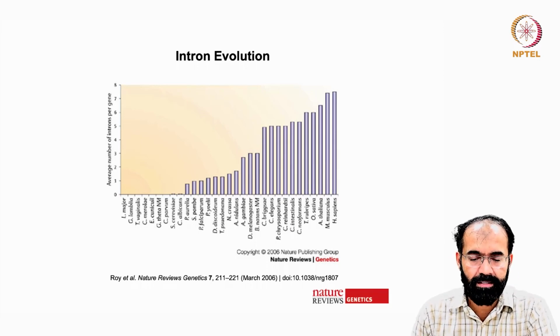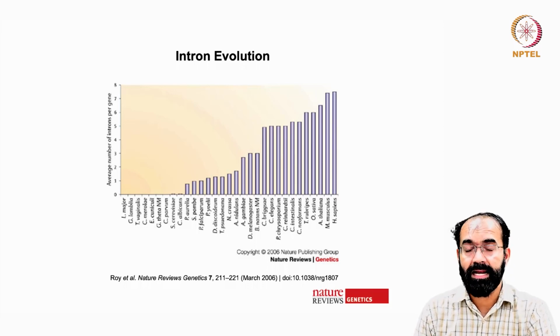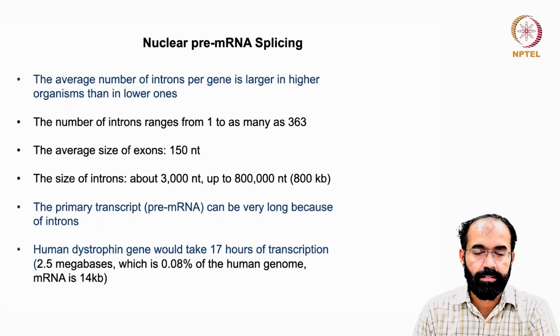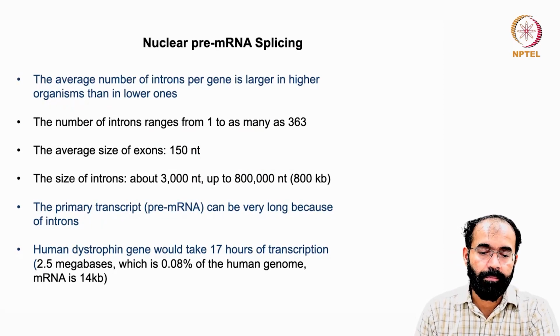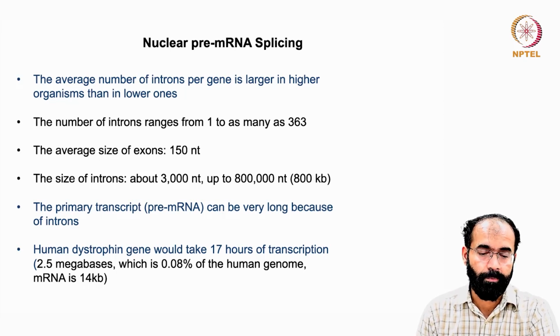So we should understand that as the evolutionary complexity increases, the number of introns also increases. Let us quickly see a little more detail about nuclear pre-mRNA splicing, because the relevance is important to connect here. The average number of introns per gene is larger in higher organisms than in lower ones.